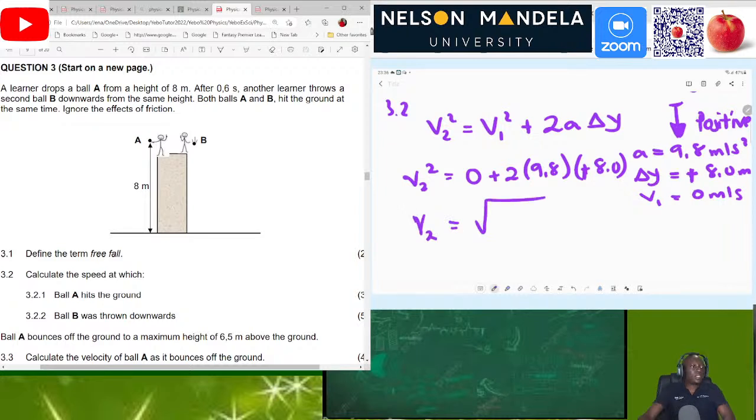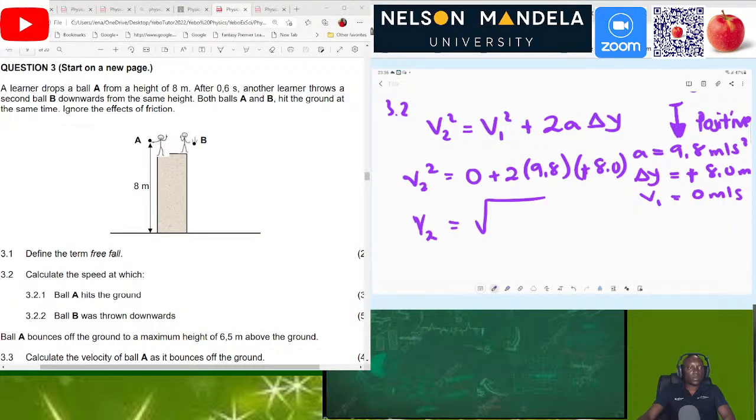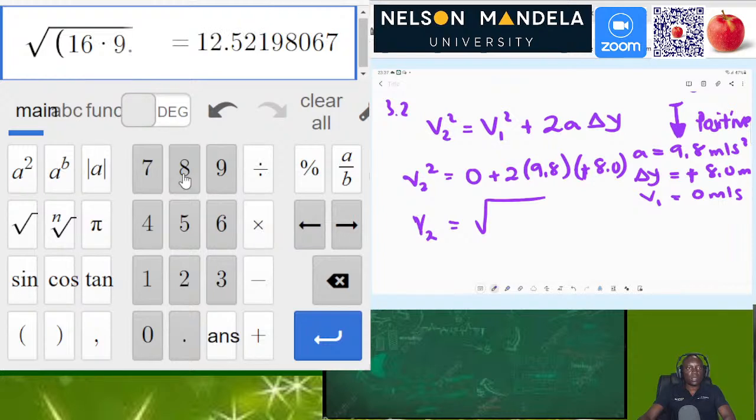Let's see if we can calculate this one together. You know how to use a calculator by now, so that should be a simple calculation. So that's the root of, open bracket, 2 times 8 is 16, times 9.8.